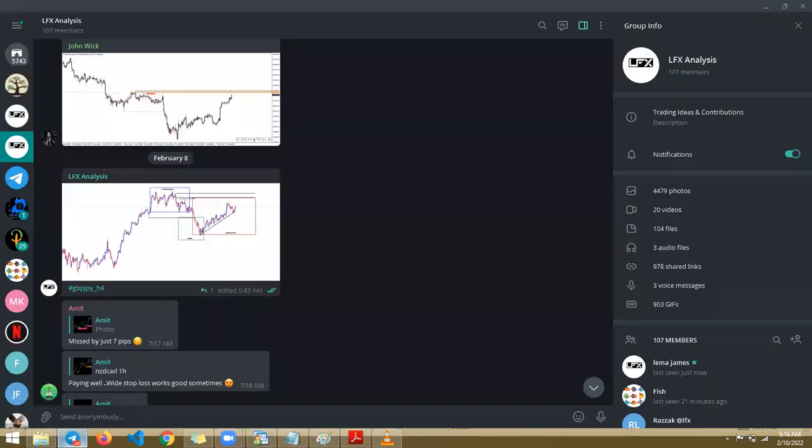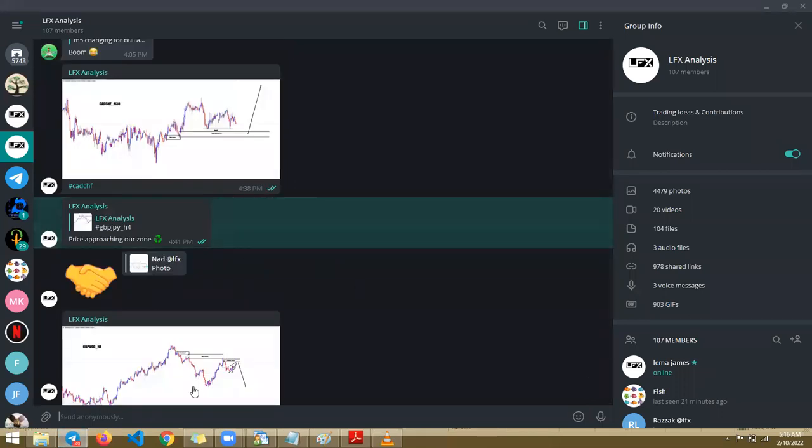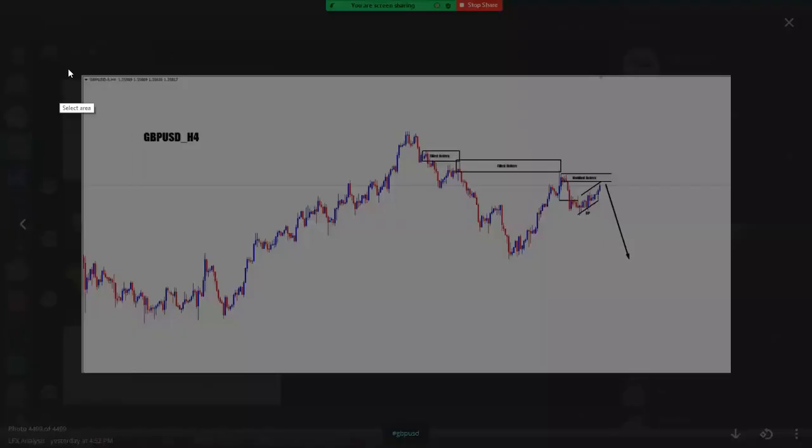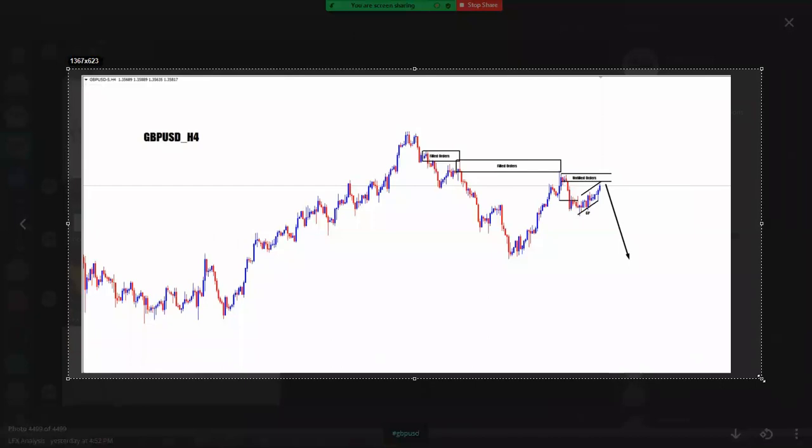Then again, I shared this setup. This is a British pound, the US dollar. I think this setup is based on a re-entry. For those who watched my session on re-entry, you can notice we have field orders. Let me highlight it.